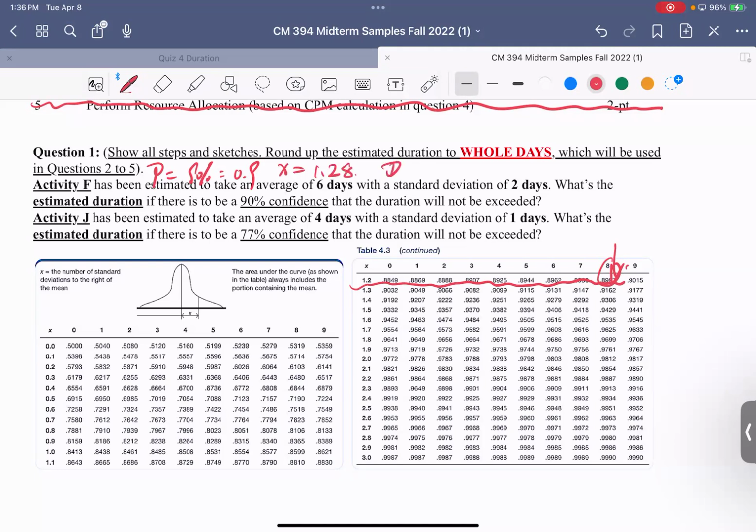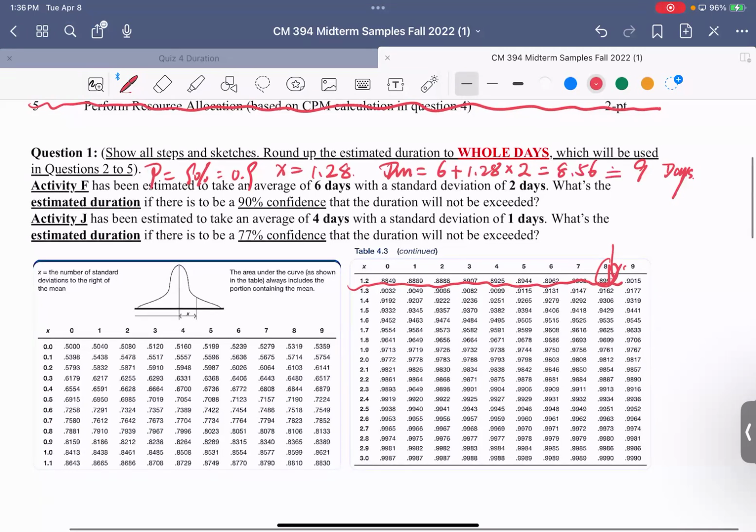And then your duration is equal to the mean 6 plus 1.28 times 2 days. What is your answer? Is it 9 days? You get 8.56, and then you need to round it up to 9.